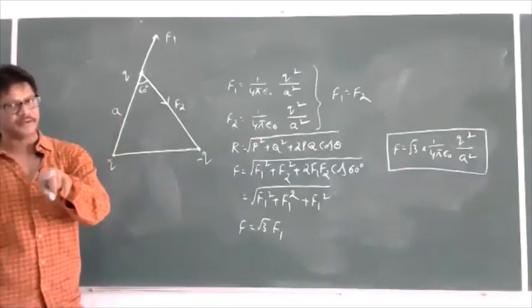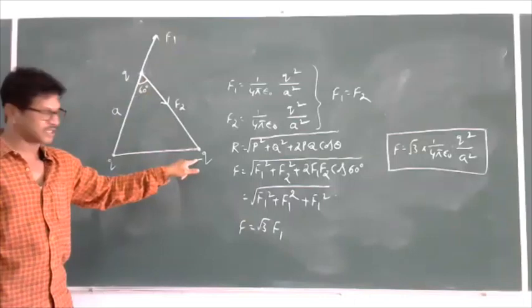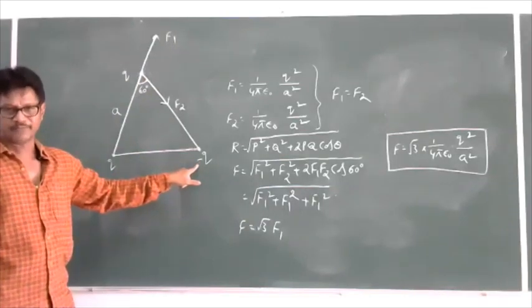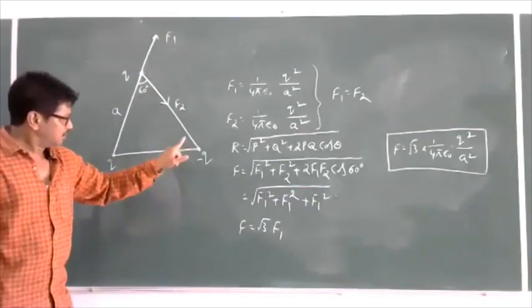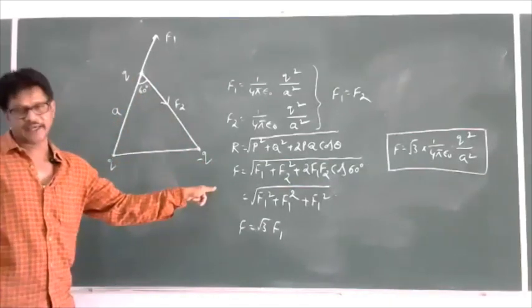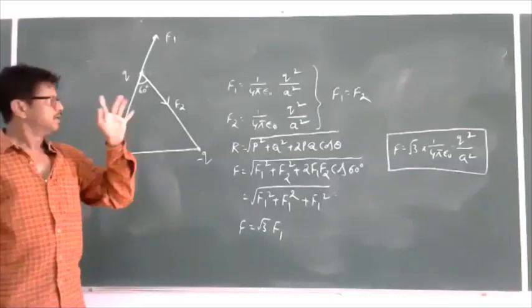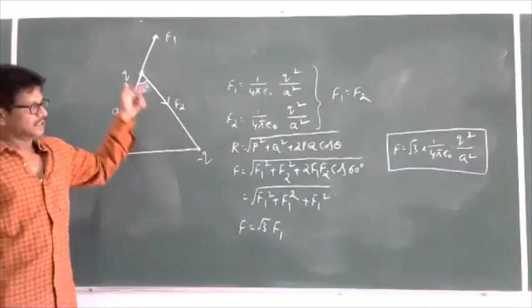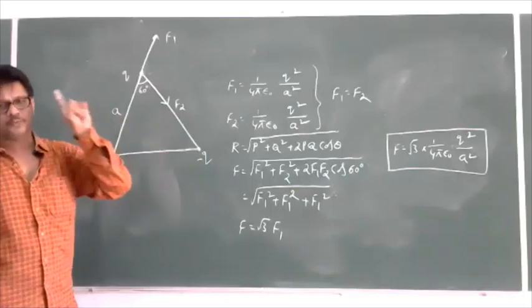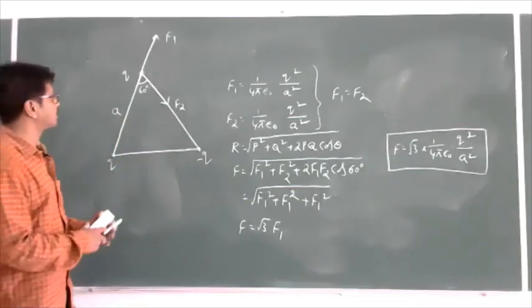Again, I am saying we have to consider only magnitudes, not necessary to consider this minus symbol. Why? Because of this minus symbol only, we already got the direction. Otherwise, the force is directly proportional to the product of their magnitudes according to Coulomb's law.